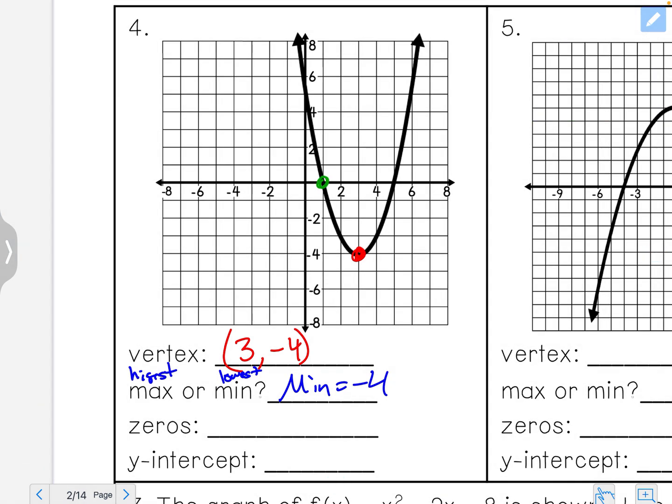Our zeros are going to be where it crosses our x-axis. We typically have 2 zeros per graph. Occasionally we'll have 1, occasionally we'll have none. So our zeros are at 1 and at 5, and then finally our y-intercept is at (0, 5).